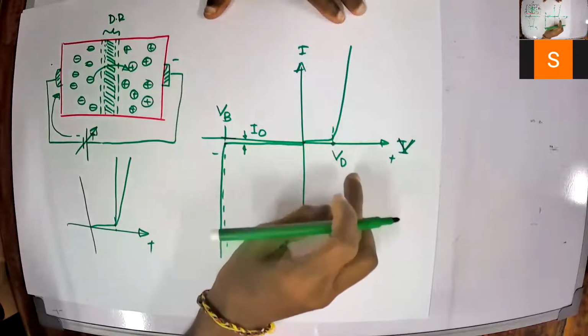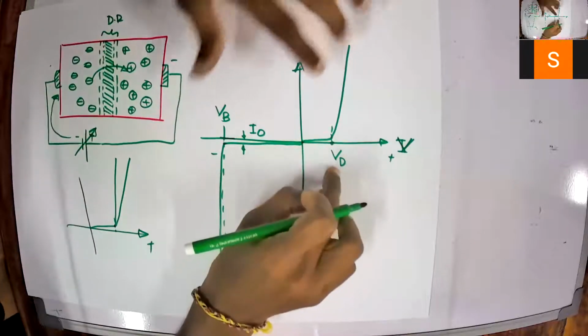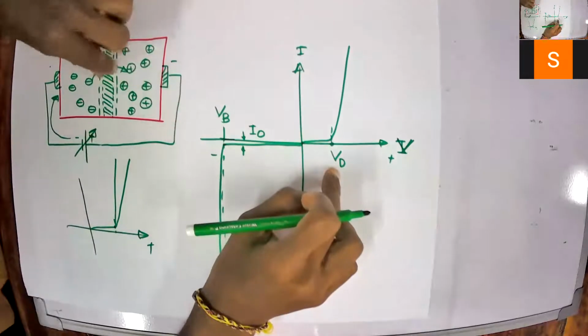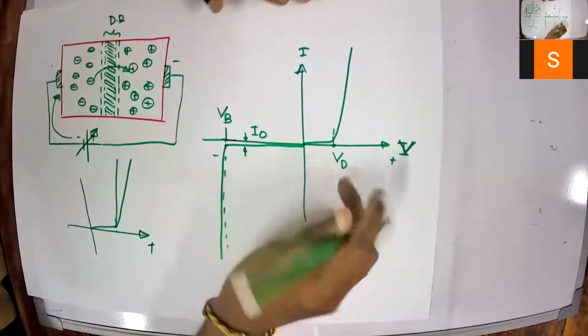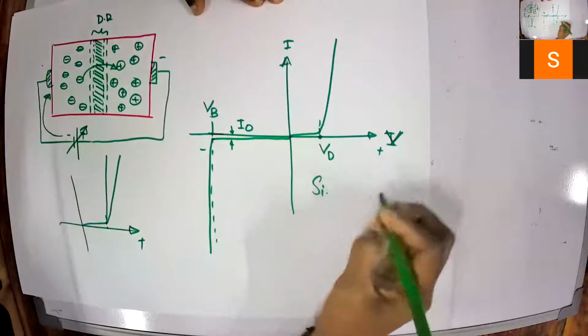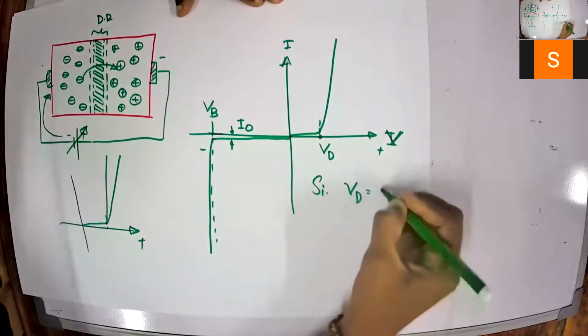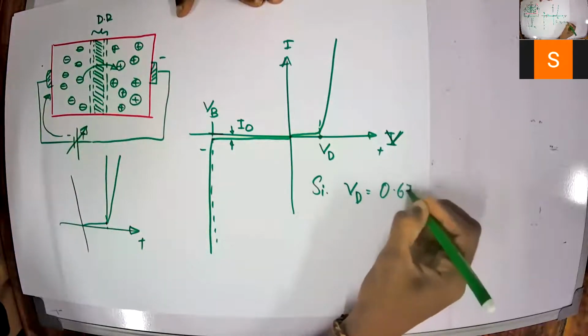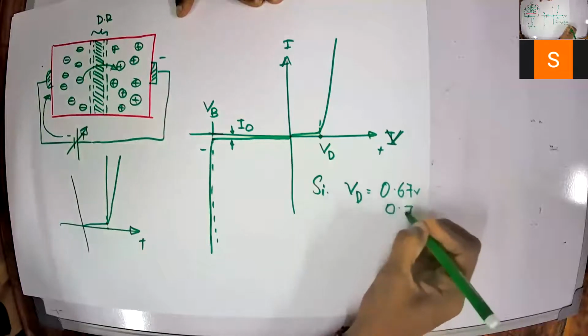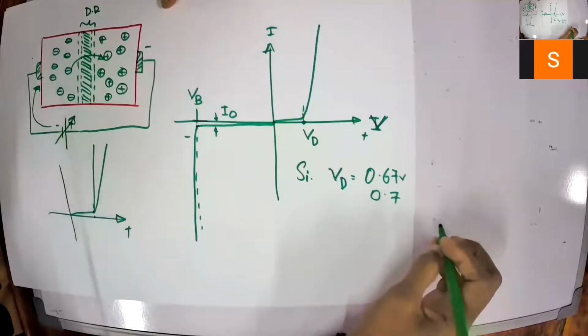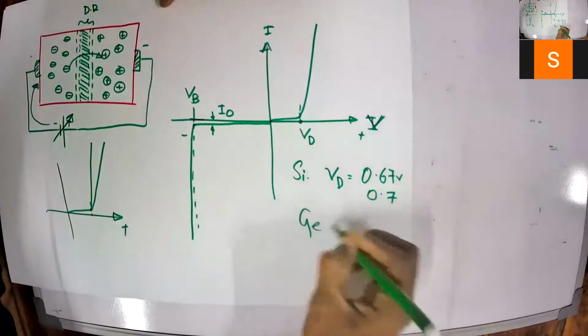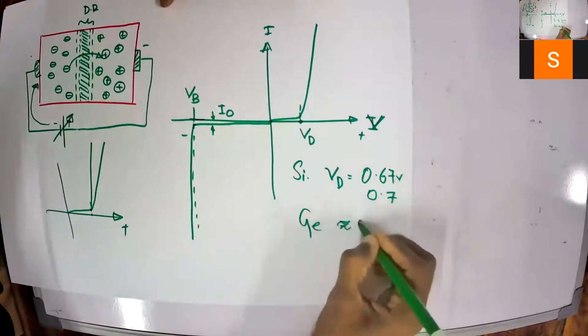Also VD depends on the material you are using. For example, for silicon, VD is 0.67 volts, or 0.7 volt. For germanium, it is around 0.3.